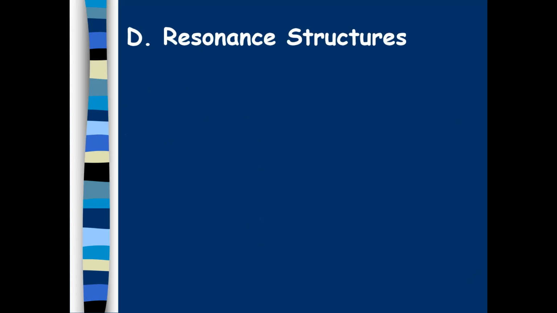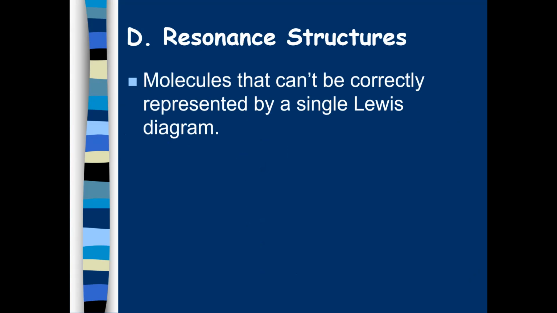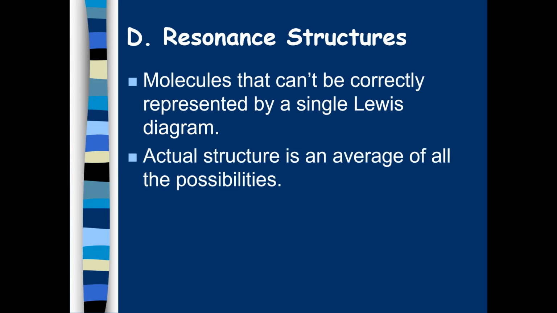Now, there's something called resonance that some atoms, some molecules, experience. And that is because you have one double bond that can be placed many places, like this. And to be accurate, the Lewis structure should be the average of all possibilities.